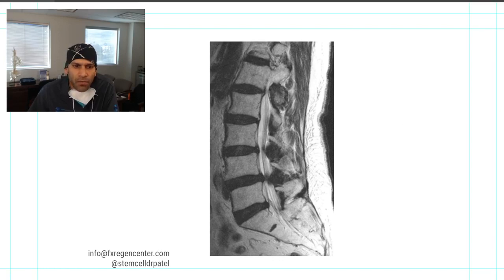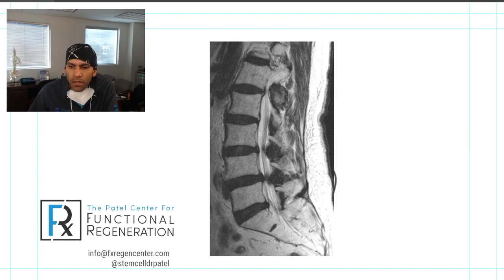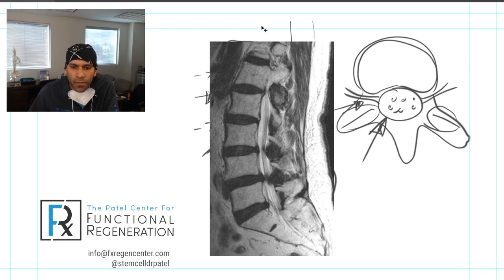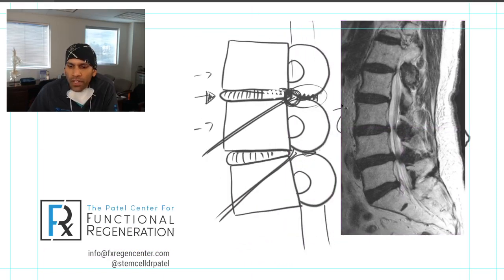So just to show what that looks like here, when we look over here, here are our coffee mugs, and here are the coffee mugs here. This is the central canal behind these handles, if you can see.